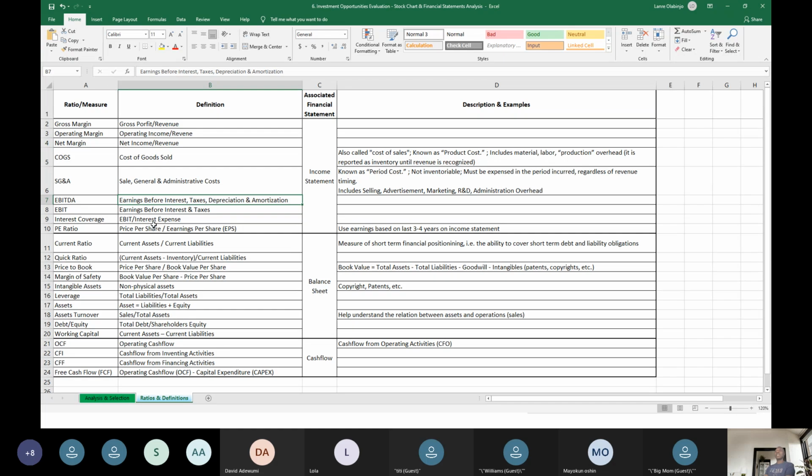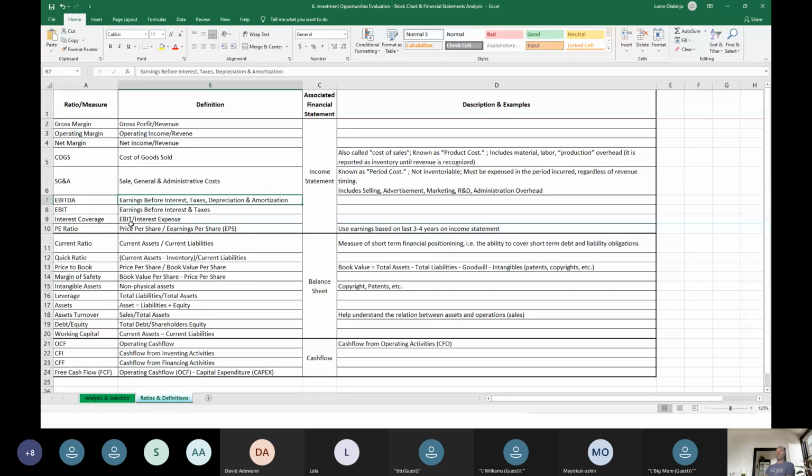So by the time they spend that amount, just about the same amount is left in their pocket. If another company has an earnings before interest and taxes of 10 million and they have an interest expense of, let's say, 10.5 million, they already have more to pay than they are making. They're going to be in trouble.